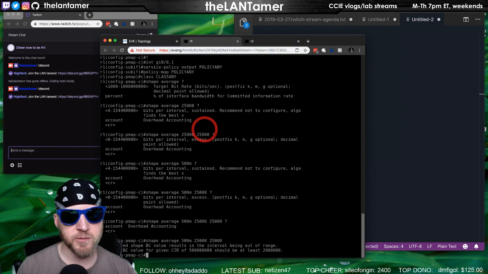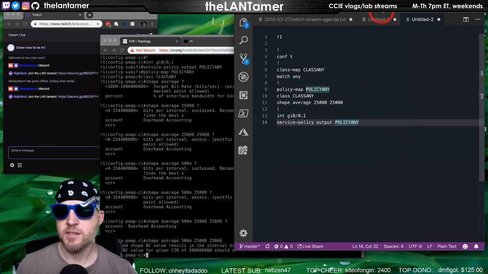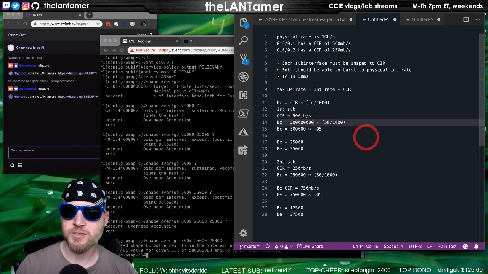Configured shape BC value results in the interval being out of range. Allowed BC value for the given CIR of 500 megabits per second should be at least... Oh, did I do the wrong thing? I did kilobits. Yep, sorry about that, folks.